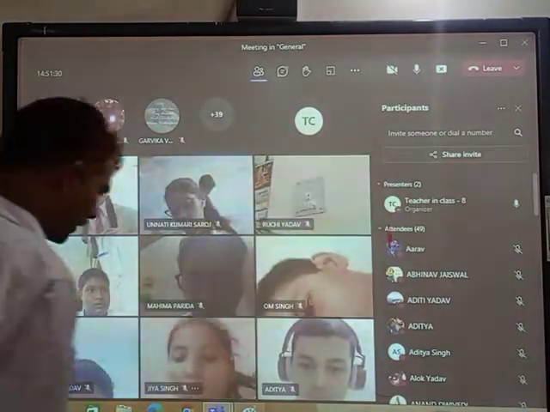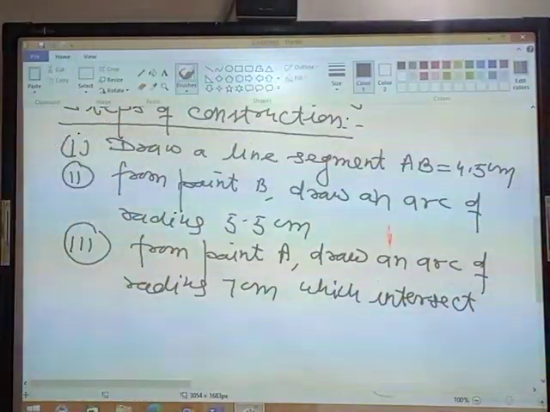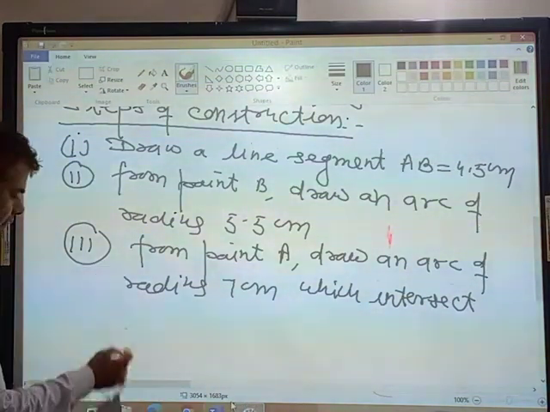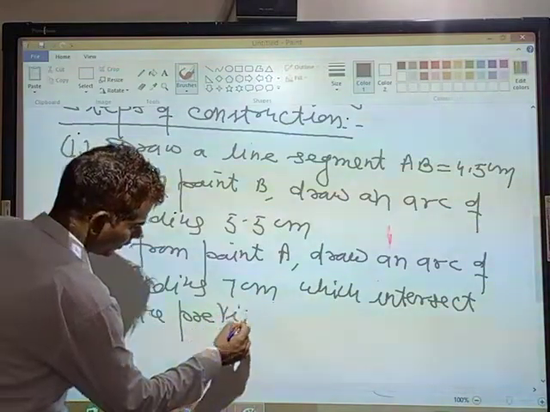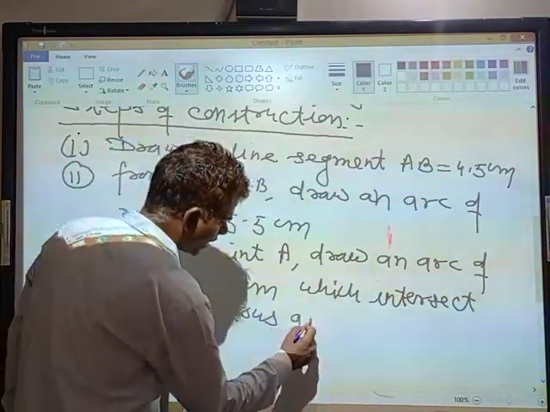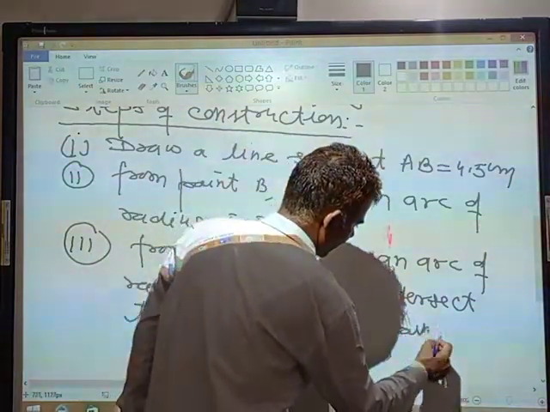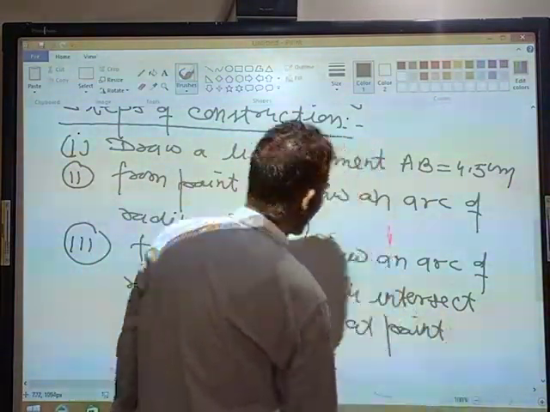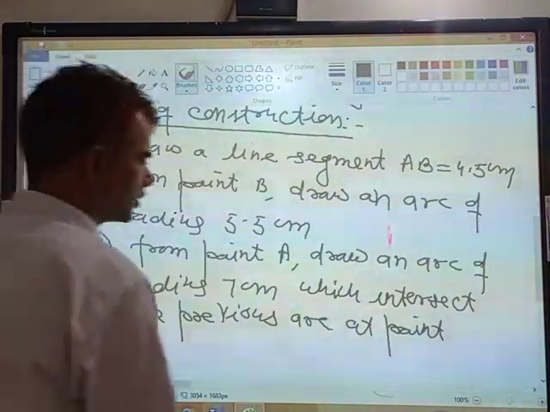From point A, draw an arc of radius 7 centimeter which intersects the previous arc at point C. Very good.